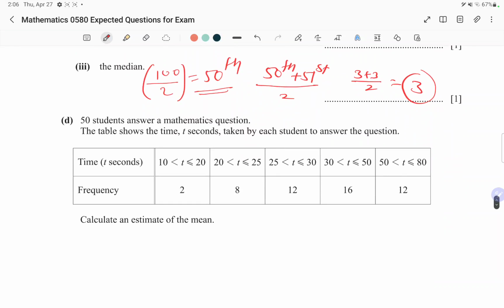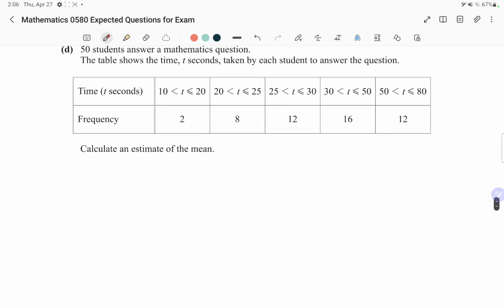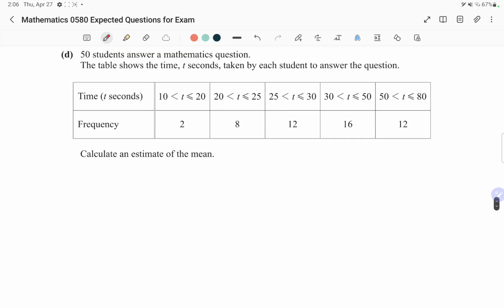Now go to the D part that says 50 students answer a mathematics question. The table shows the time t seconds taken by each student to answer the question. Estimate the mean. For mean we know this formula, sigma xf over sigma f, right?